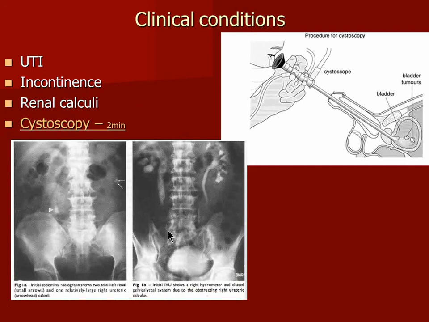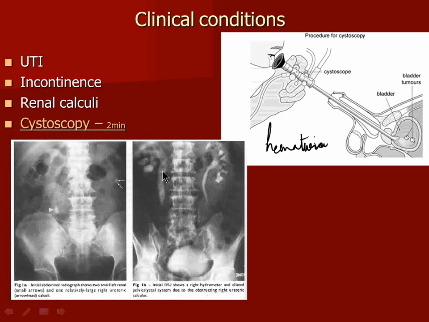Anything to do with the bladder, we either use the word vesicle or also use the word cyst, like inflammation of the bladder, for example, is called cystitis. You often want to look inside the bladder to see if there is any problem. If somebody passes blood in the urine, which is known as hematuria, it could be because of many reasons.